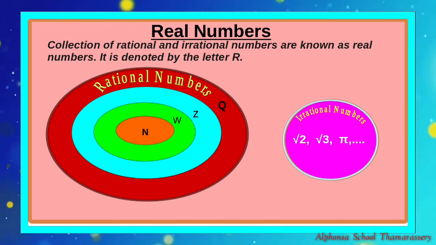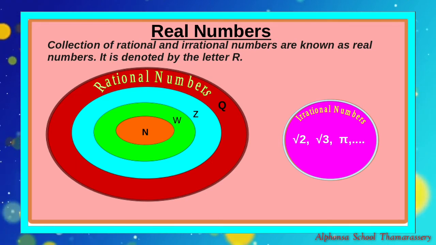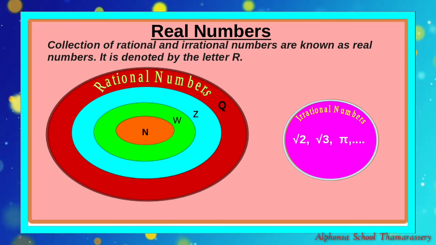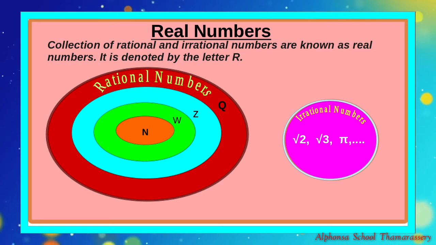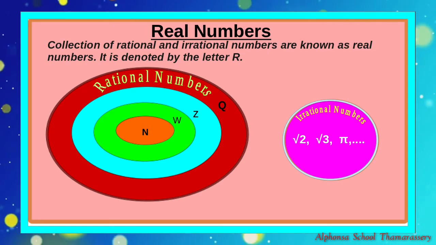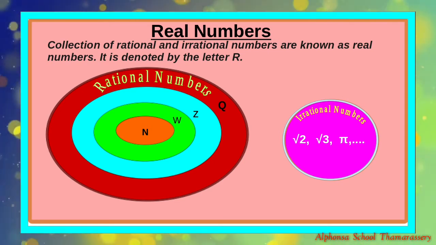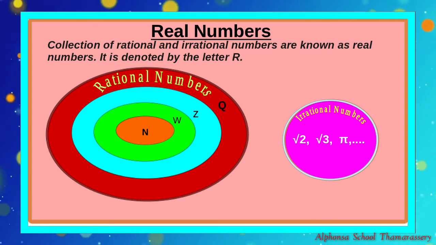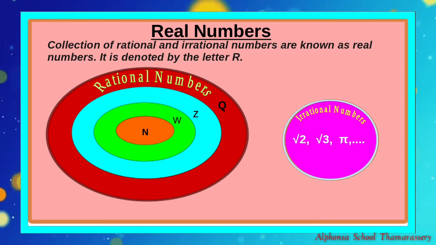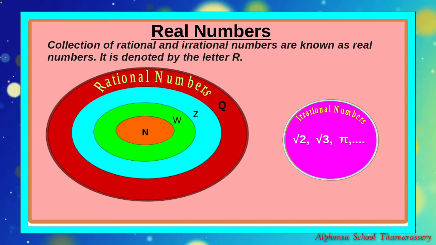So we can say that every real number is represented by a unique point on the number line. Also, every point on the number line represents a unique real number. That's why we call the number line the real number line.